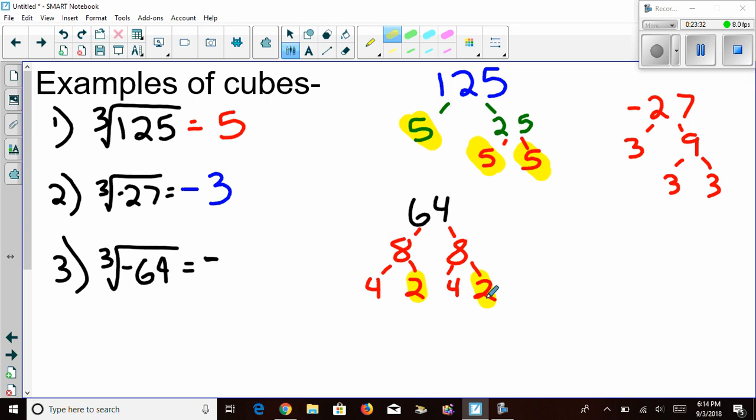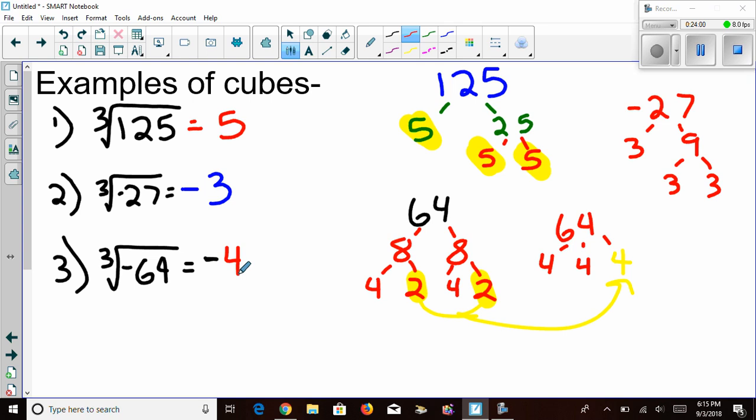If I put those 2's back together, then I really can break this down as saying 4 times 4 times 4. These 2's right here are this last 4, giving me an answer of negative 4. It will be best if we commit these to memory, but these are just some tricks to breaking down your numbers in order to find an answer.